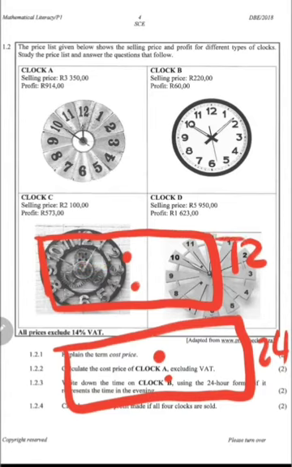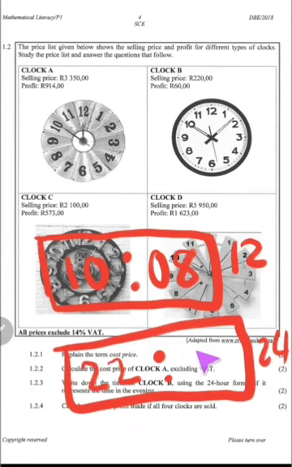So in 12-hour format it would be 10:08, 10 hours 8 minutes. If it's in 24-hour format, it could be either again 10:08 or it could be 22:08.